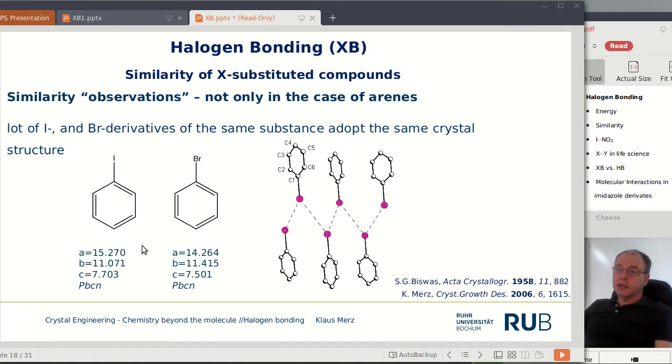For example, if you look at iodobenzene and bromobenzene, here the cell constants, you see 15, 11, 7, 14, 11, 7, there's only a little bit enlargement in the constant A, but that makes sense. Iodine is a little bit bigger atom. And it's exactly the same pattern if you look at the crystal packing, this isostructure. Very often you will find this. So if you see an iodine compound crystal structure, directly think, okay, maybe in the case of bromine this is isostructural, similar.